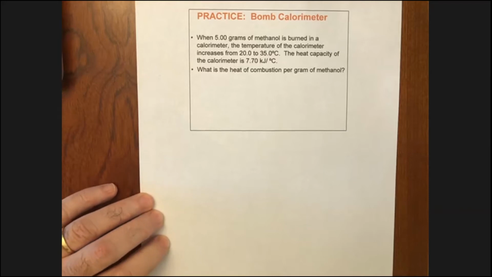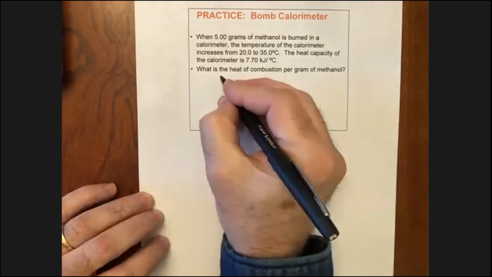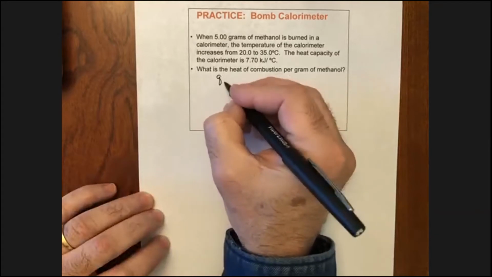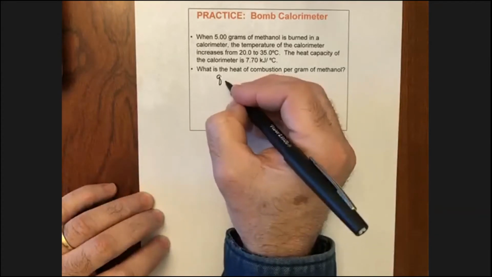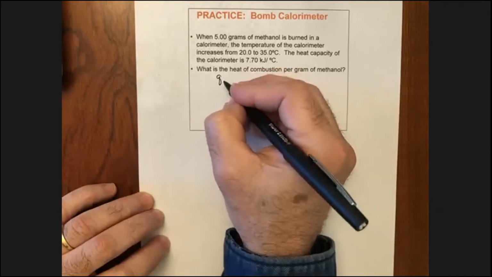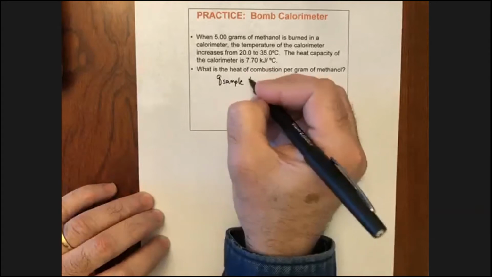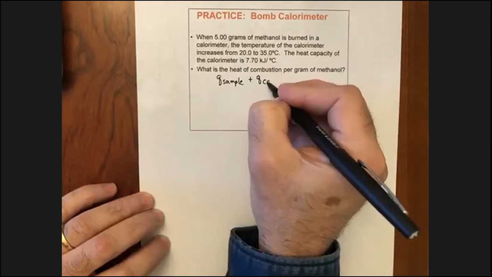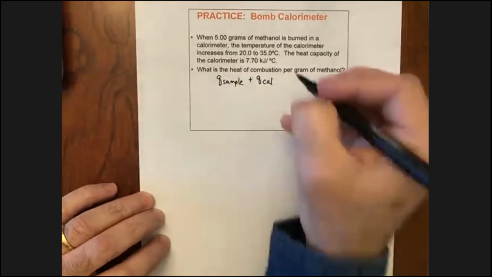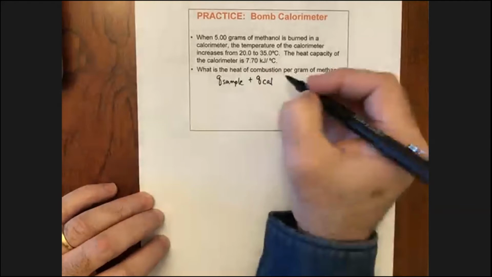All right. So again, first thing I'm going to do is, what is the heat change that happened in our sample? Don't forget, whatever exchange happened in our sample, plus whatever exchange happened in the calorimeter, should add up to 0.